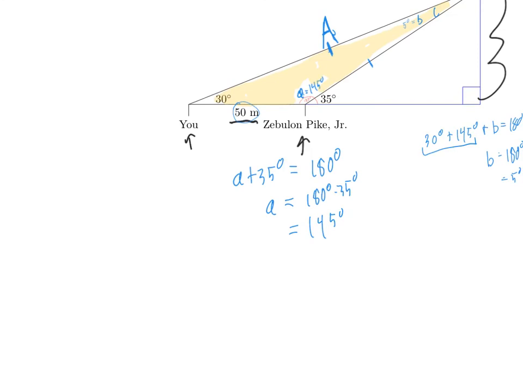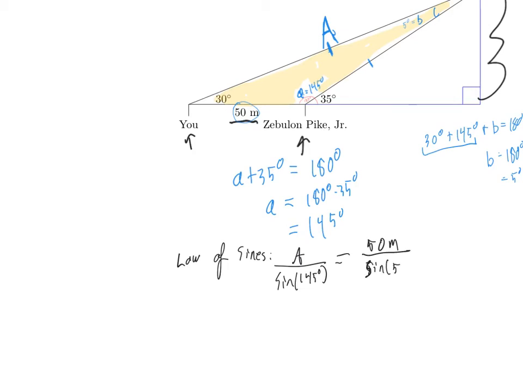So by the law of sines, I know that A divided by the sine of 145 degrees is equal to 50 meters divided by the sine of the angle opposite, the sine of 5.